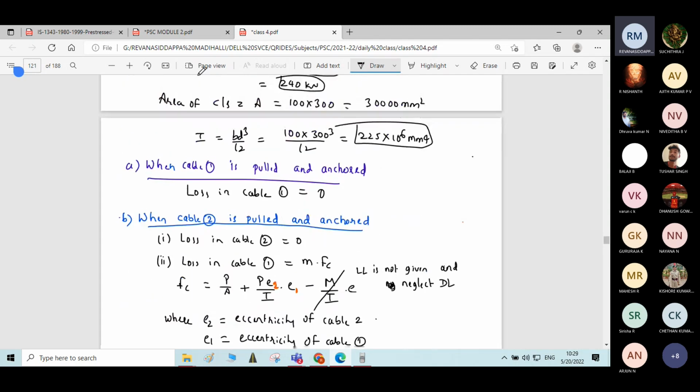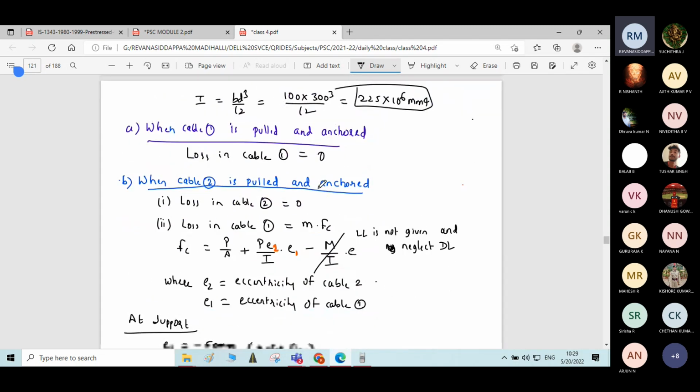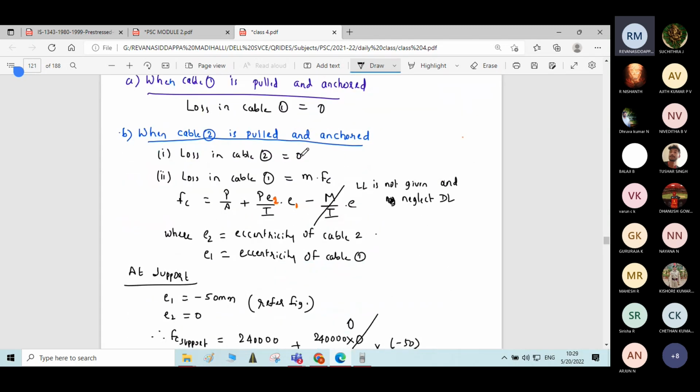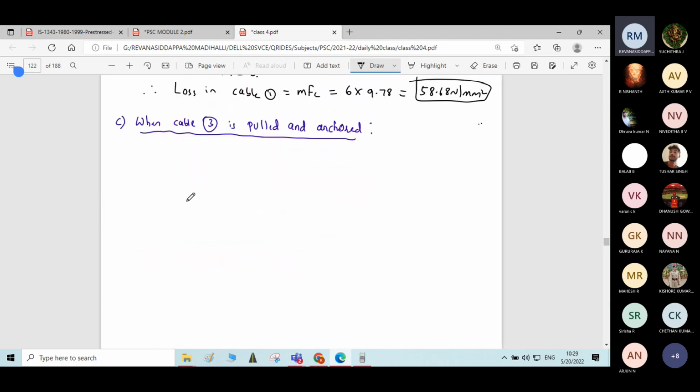When cable 1 is pulled and anchored, loss in cable 1 is 0. When cable 2 is pulled and anchored, loss in cable 2 is 0 and you have calculated loss in cable 1. Similarly, when cable 3 is pulled and anchored, loss in cable 3 is 0 and loss in cable 2 and loss in cable 1 you need to calculate. First one is over.